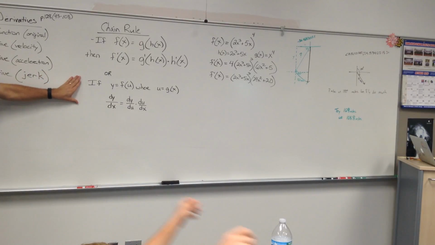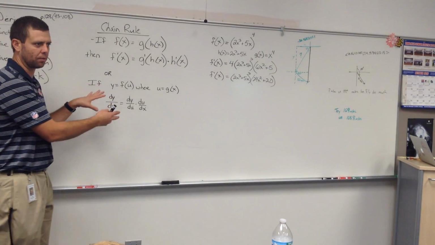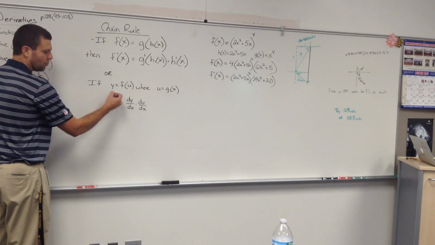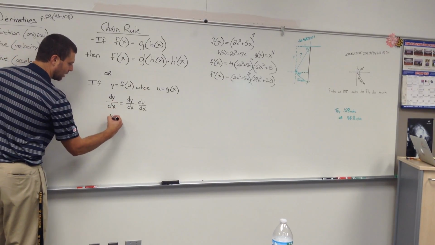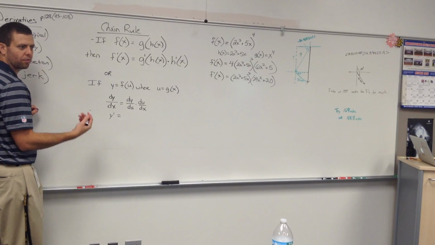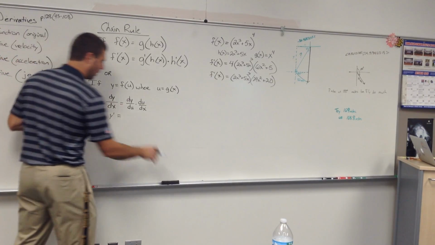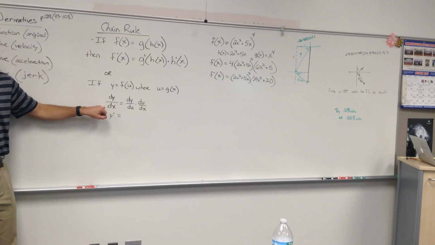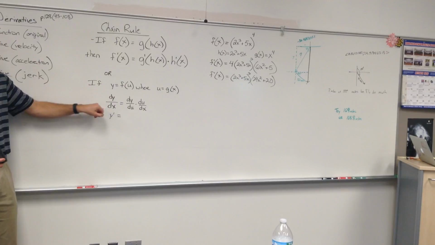What this business is saying down here is what's called kind of using u substitution. Okay? I'll show you what that would then look like. By the way, this notation, this dy dx, that's like saying y prime equals. That's just another notation for the first derivative. dy dx is the derivative of y with respect to x.